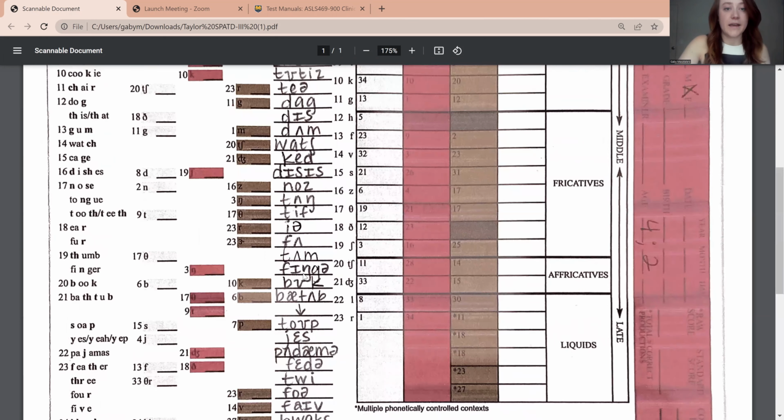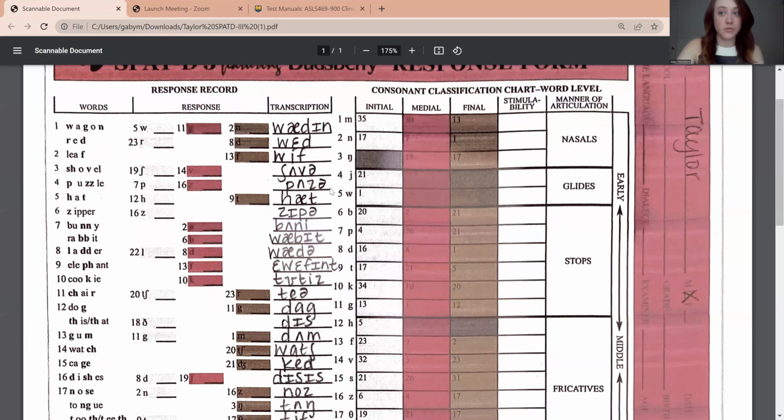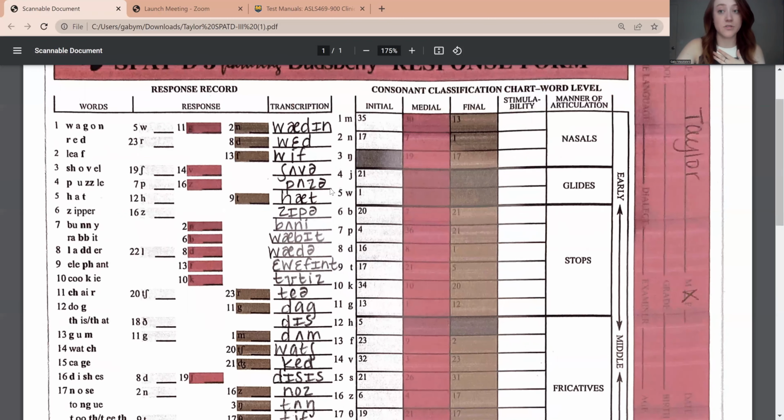Cool. So at the very end, you are going to tally up correct responses. It's very easy to get things messed up, but we are going to be counting correct responses only. Usually if I was scoring the SPAT-D, I would circle the correct ones as I went, just so I knew what I was counting. I recommend don't go horizontally, because that's just going to confuse you.